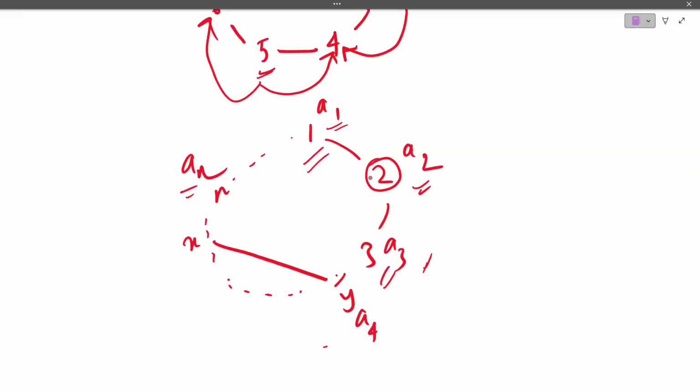That means if you look at 2, then the mex of the values of his friends is simply the mex of a1 and a3, right? So that must be a2. So this is the condition for node number 2. Similarly, there are conditions for all nodes, and we need to print such an array that all of these conditions hold simultaneously. Okay. So I think the problem statement is clear.